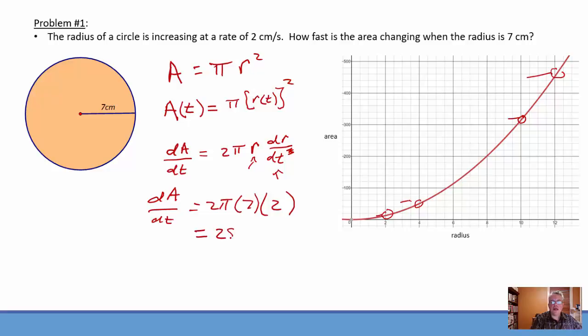So we have 28 pi, and it would be centimeters squared per second, because it's units of area over units of time. All right, so in this instant, when the radius is 7, if the radius is changing at 2 centimeters per second, the area is changing by 28 pi centimeters squared per second.